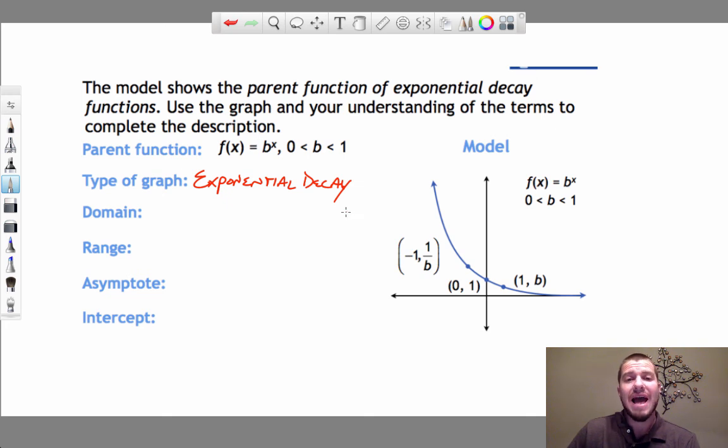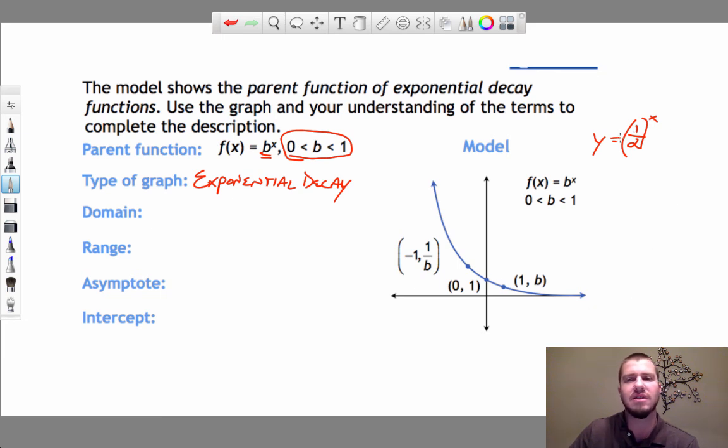So let's look at the other type of exponential function, which is exponential decay. Exponential decay happens when that base, or the b, is between 0 and 1. So when you have a fraction that's less than 1, something like 1/2 raised to the x, this is going to be exponential decay.